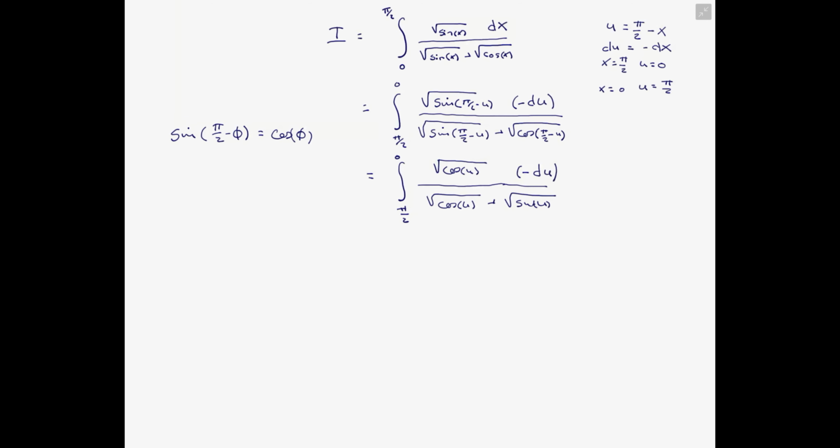So that converts this integrand to the square root of cosine of u over the square root of cosine of u plus the square root of sine of u, times minus du.